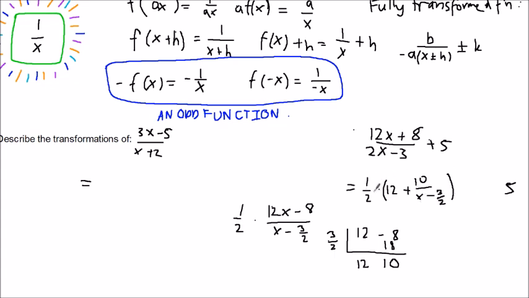Okay, we can combine this together, and then we can manipulate the function to get 1/2 times 12 is 6 plus 5, that's 11. And then 1/2 times 10 is 5. So it'll be 11 plus 5 over x minus 3/2.